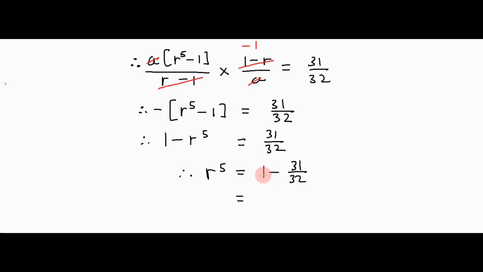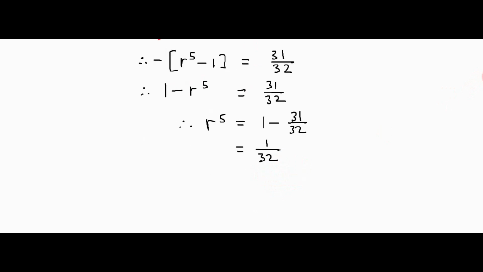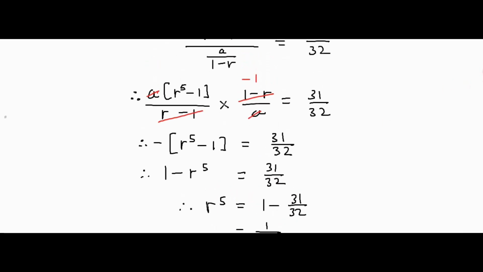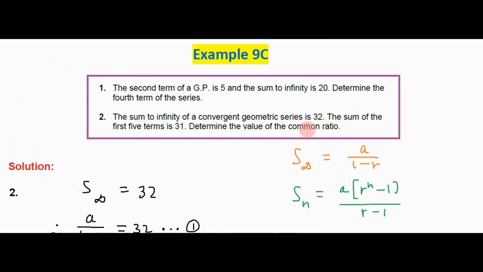So 32 over 32 minus 31 over 32 is 1 over 32. Of course, you could use a calculator here. And now we simply find the fifth root of 1 over 32. We could even use prime factors here. This is equal to a half. So the common ratio r then is a half. And this is in fact what we needed to find.